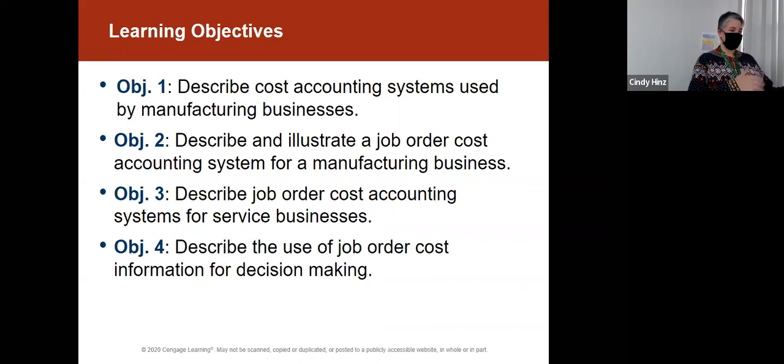Service companies' accounting is a little bit more simplistic because they don't have a product at all. Their costs are limited to the direct labor and the overhead piece. They don't have direct materials. They're not selling or making a product.